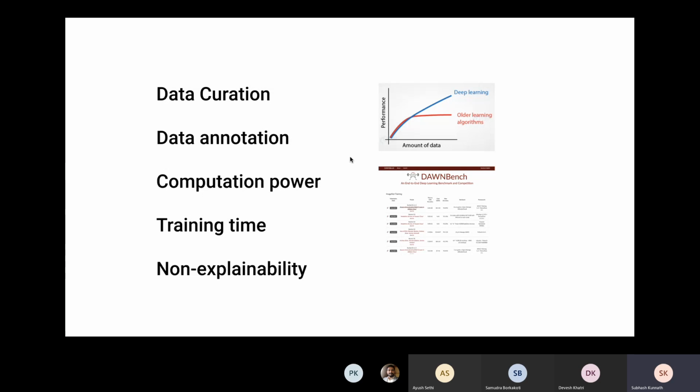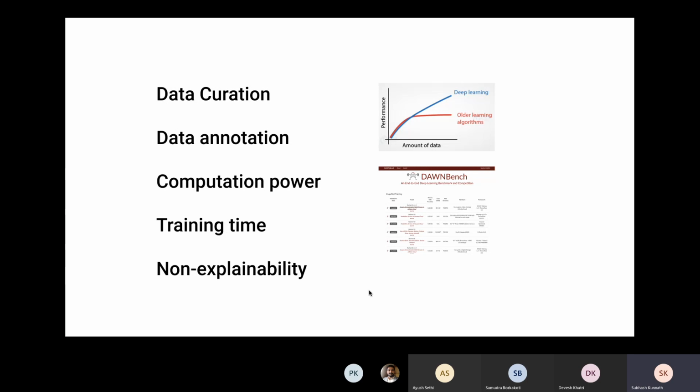Another major challenge is the non-explainability of most of these models. It has a large number of parameters, and it's very difficult to find out why this network has detected this particular image as a cat, not as a dog.